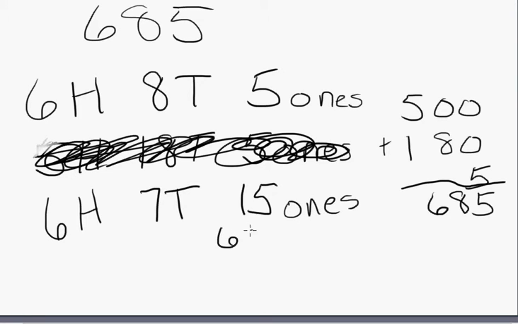So we have 600 plus 70, 7 tens equals 70, plus 15. And that equals 5 ones, 7 plus 1 equals 8, and 685.